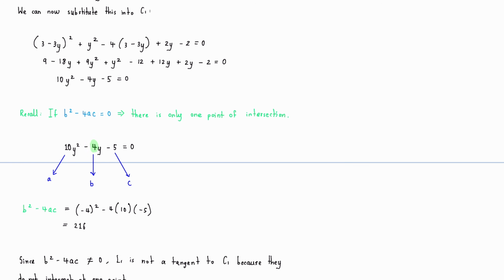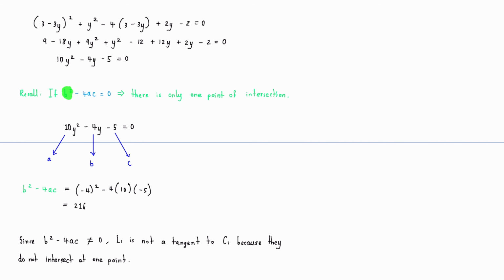So we can find a, b, and c. First, b squared is (-4) squared, minus 4ac, which is minus 4 multiplied by 10 multiplied by -5.